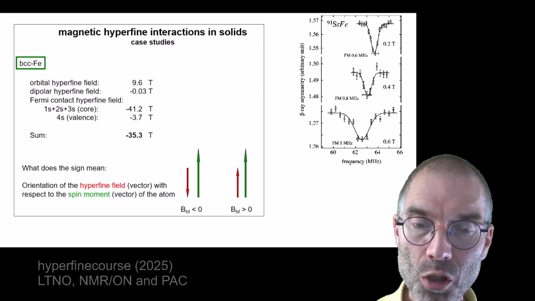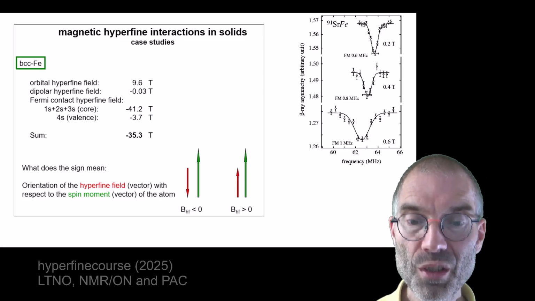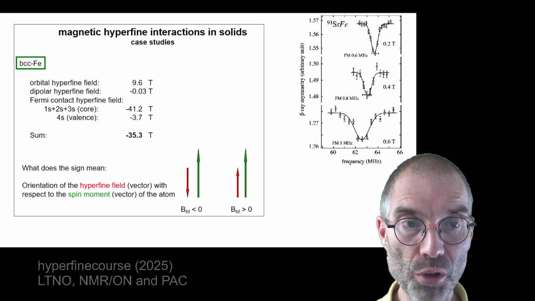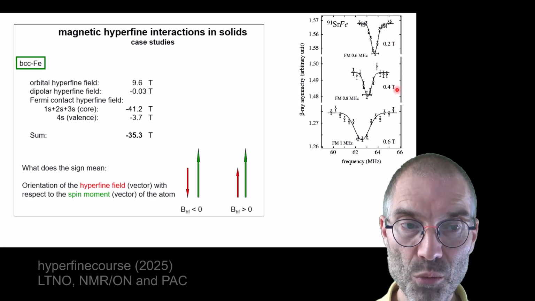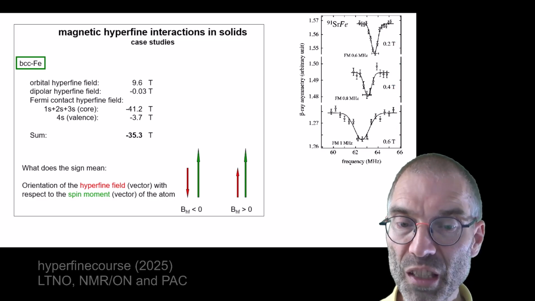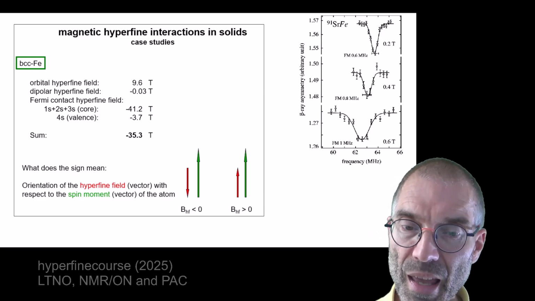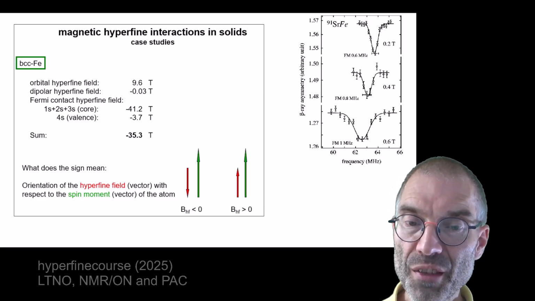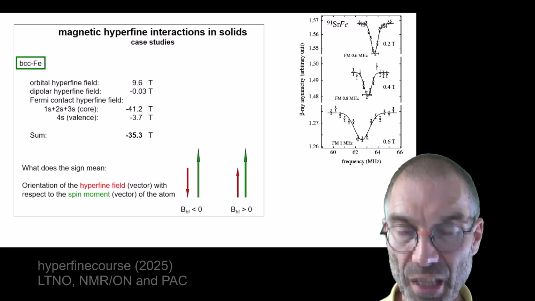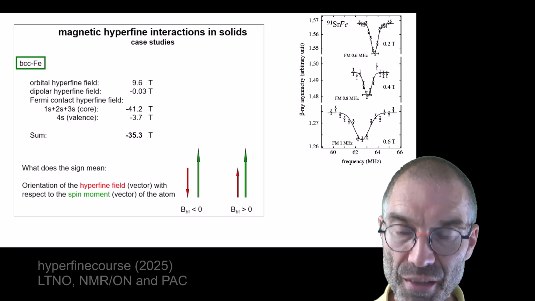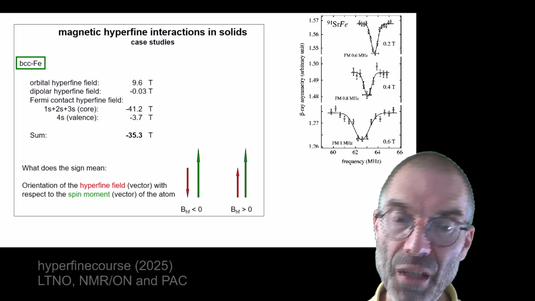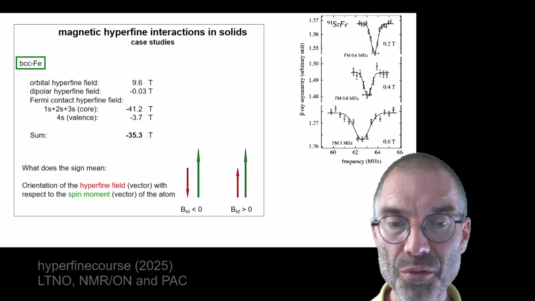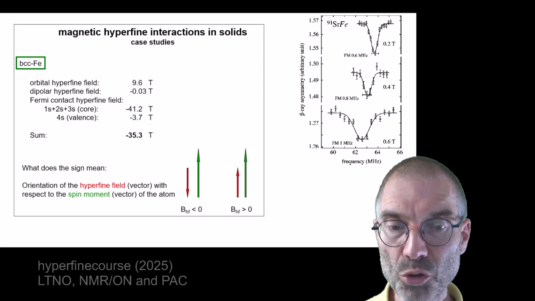So the electron cloud has a global magnetic moment that is oriented by an external magnetic field, a small external magnetic field. That is why we apply these small fields here. And if the hyperfine field is oriented opposite to that magnetic moment and therefore to that magnetic field, then we say it's negative. If it is positive, then it's oriented parallel to the applied field and to the atomic moment.